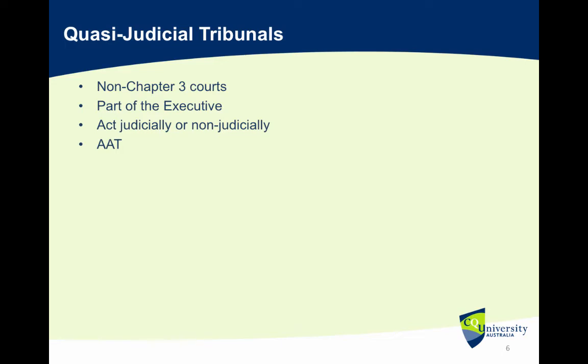Now, although, for example, many quasi-judicial tribunals such as the AAT act judicially, in the sense, as I said, that they need to be impartial and fair, and that they need to give persons that appear before them the opportunity to be heard, quasi-judicial tribunals are not necessarily required to act judicially.